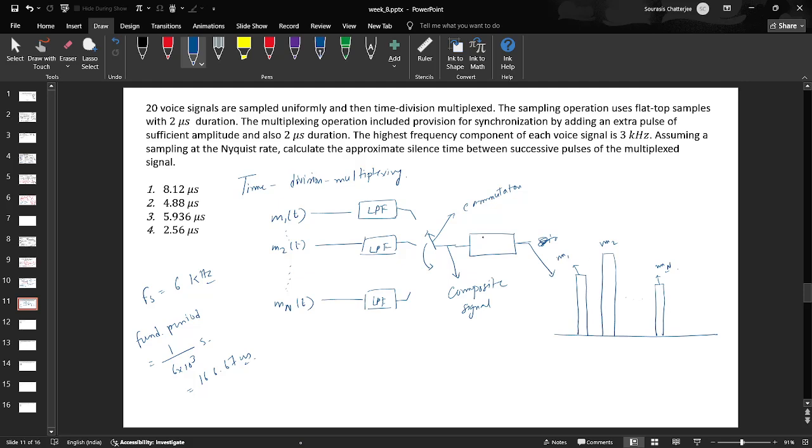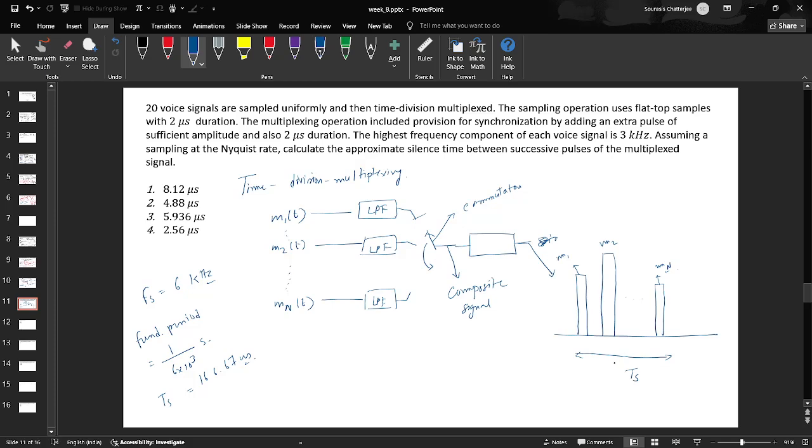So what is happening in a composite signal? Your entire duration here is this Ts, because when you time division multiplex them, you need to fit all of them in this 166.67 microsecond Ts time interval, because the moment that Ts time has passed, another sample is going to be ready here, right?